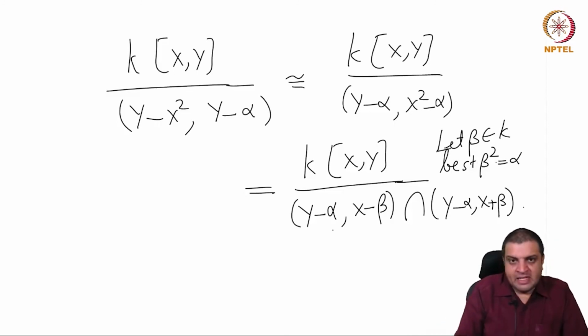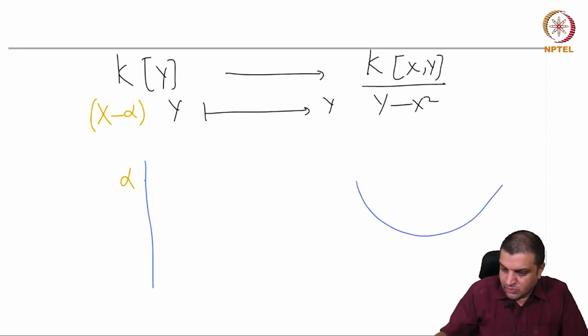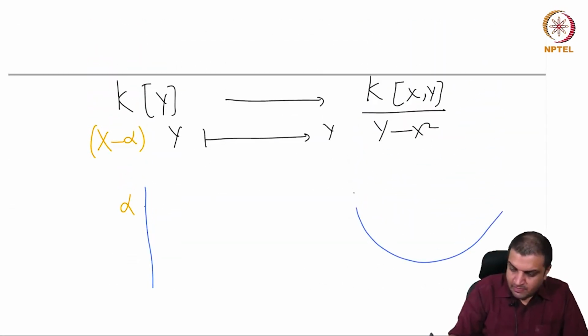And each of them is a maximal ideal. So this is a maximal ideal, that's a maximal ideal. So spec of this consists of 2 points, one corresponding to this maximal ideal and one corresponding to the other. So let's go back to this picture.